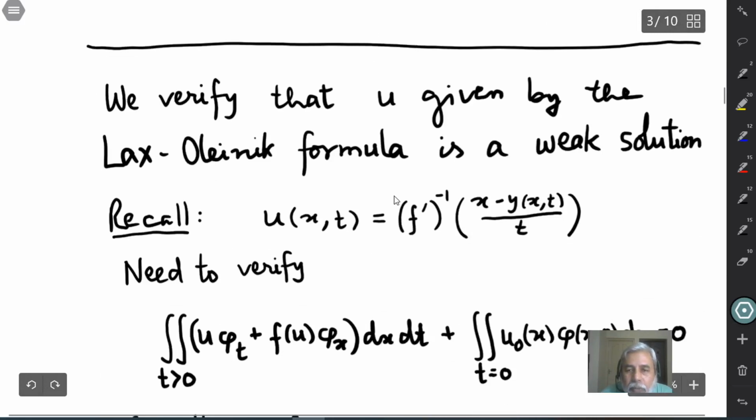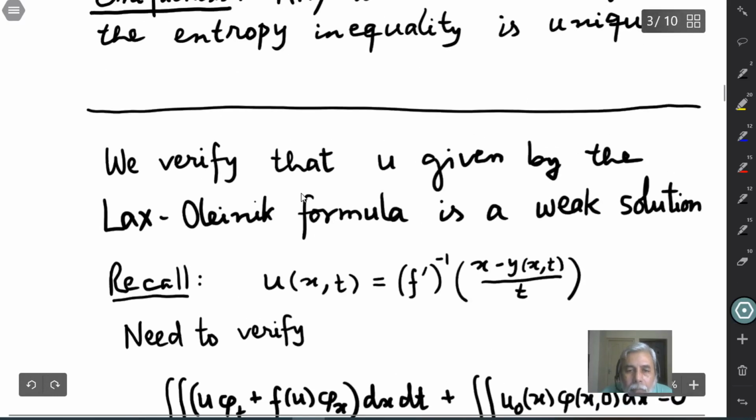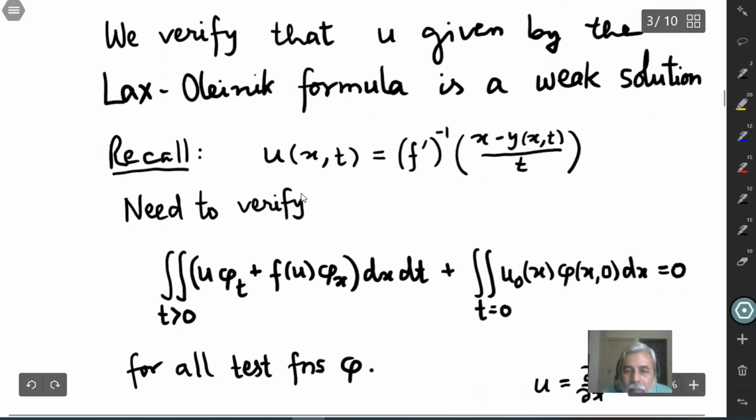Again, recall the Lax-Volinic formula. It is given by u(x,t) equal to (f prime) inverse of (x minus y(x,t)) by t, where y(x,t) is the minimizer of the functional in the Hopf-Lax formula, and that is the connection with the Hamilton-Jacobi equation.